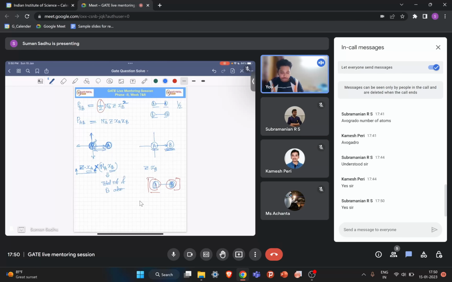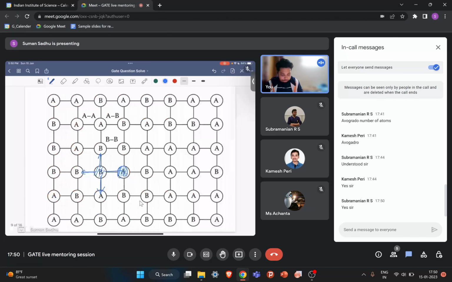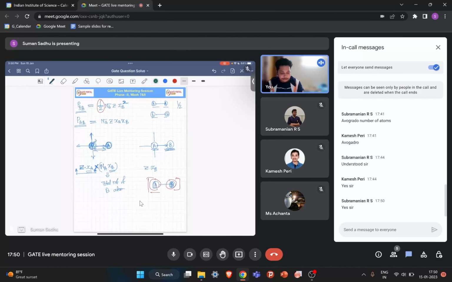Okay. So now we have to find out what is the total number of BB type of bonds, the total number of AB type of bonds, and the number of AA type of bonds. Initially, let's say pure A was there, and pure B was there.